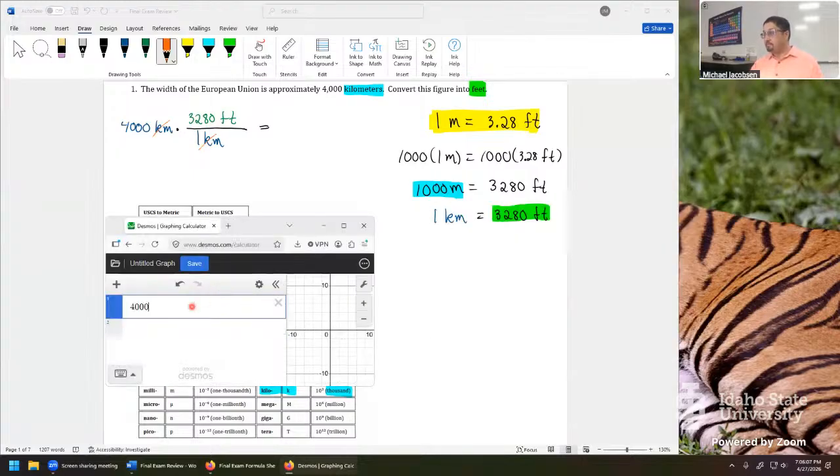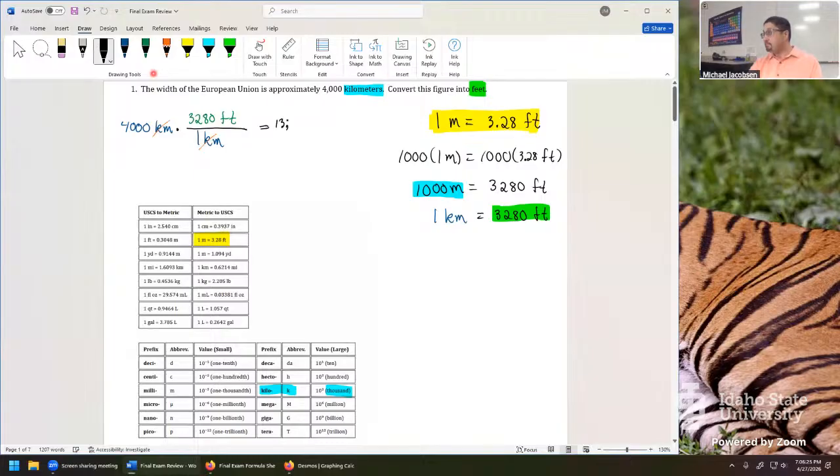Take 4,000 times 3,280, and we get a large figure. It didn't say anything about significant digits or scientific notation or even rounding. So however you decide to format the answer is up to you. But it looks like it's 13,120,000 feet.